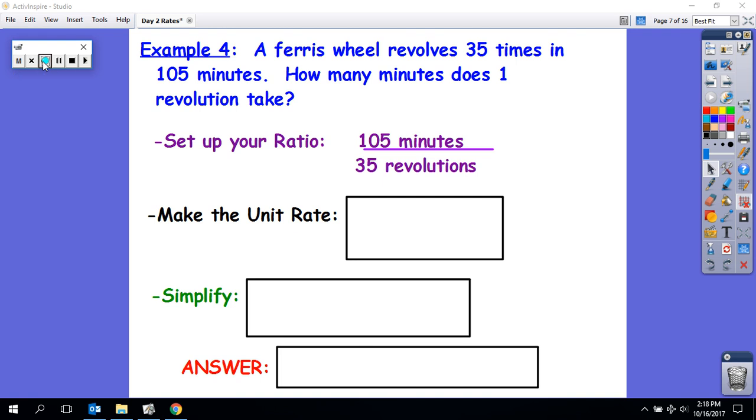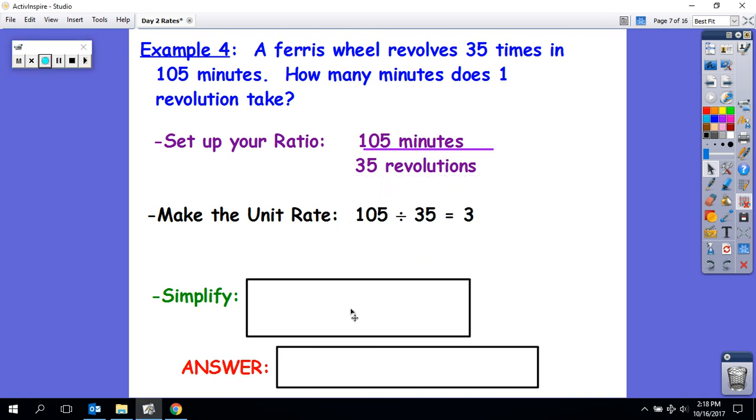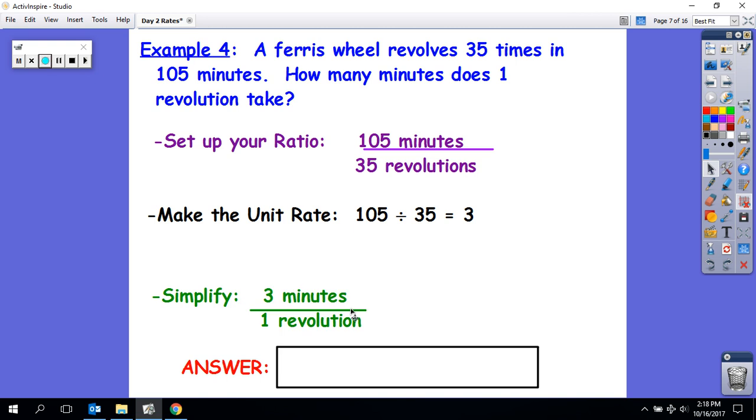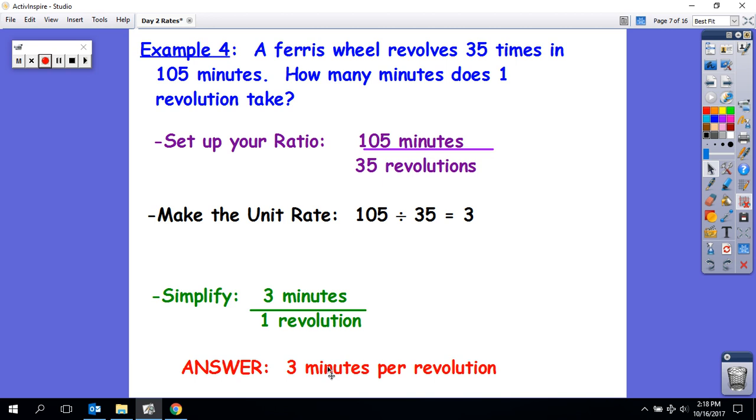Minutes is going to go on top. So we have 105 over 35, and when we divide that out, we get 3. So 3 minutes per 1 revolution, or 3 minutes per revolution would be your answer. Just be careful because you have to set up your ratio correctly. Whatever you want to know one of, that's the unit that should go on bottom.